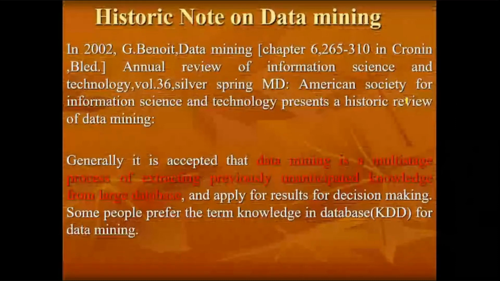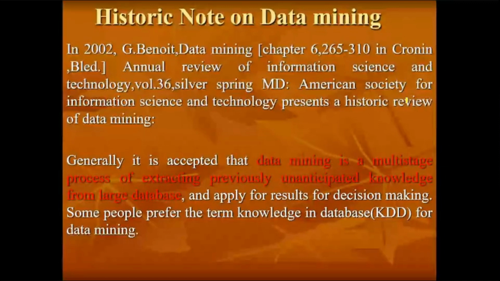Before starting this lecture, what is data mining? I will briefly explain the concept of data mining. In this century, how was it initiated? What is basically the history? Some references I quote here, like in 2002, Benoit, Data Mining.